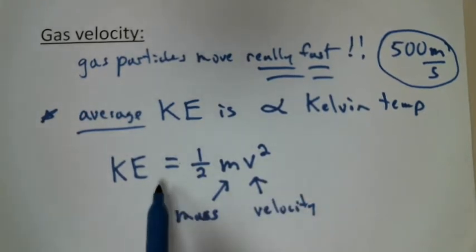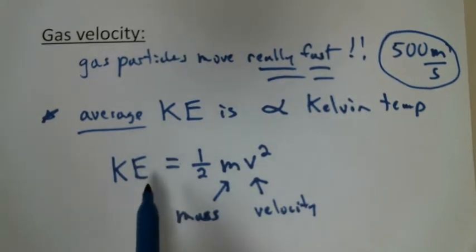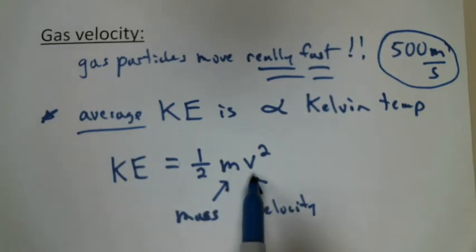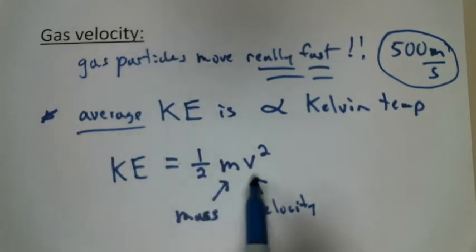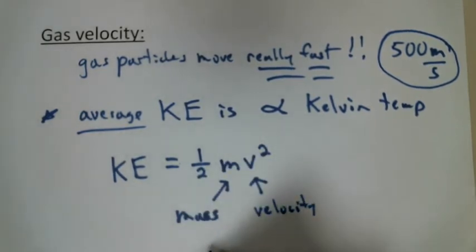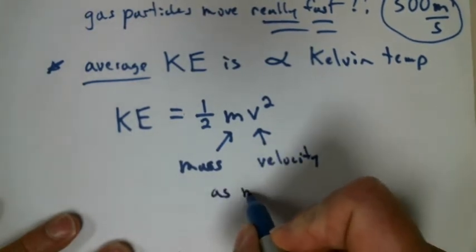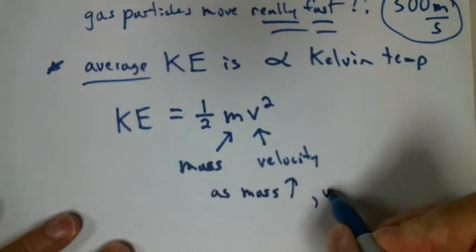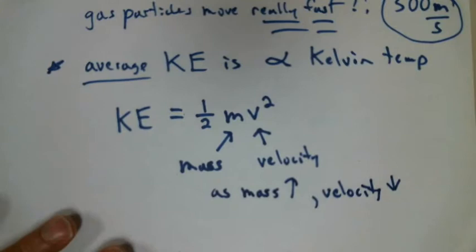And so if the average kinetic energy is the same, then different sized particles will have a different average velocity. Does that kind of make sense? Because this all has to equal. So that would mean as the mass increased, the velocity is going to decrease.